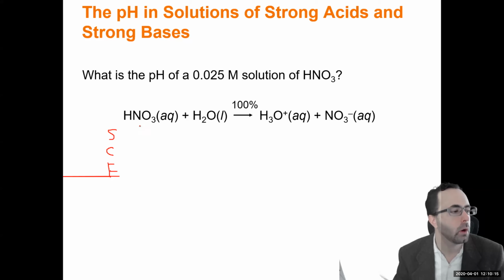So for this one, we're starting with 0.025 molar of the nitric acid, and it's 100% dissociating. So that tells us that the change is that when we're done, all of this will be gone until there's none left.